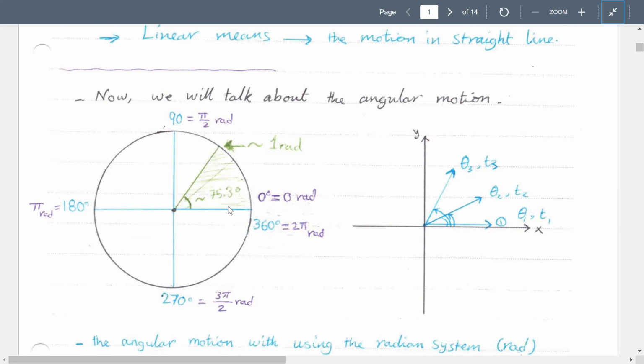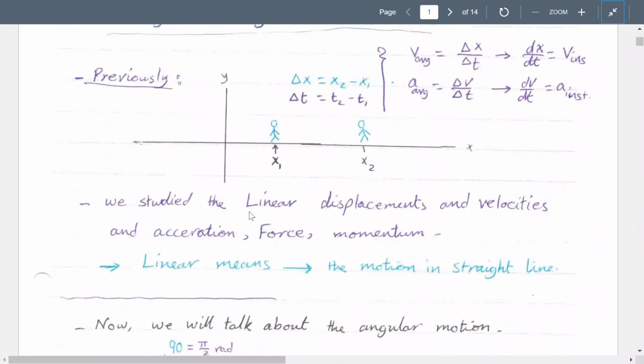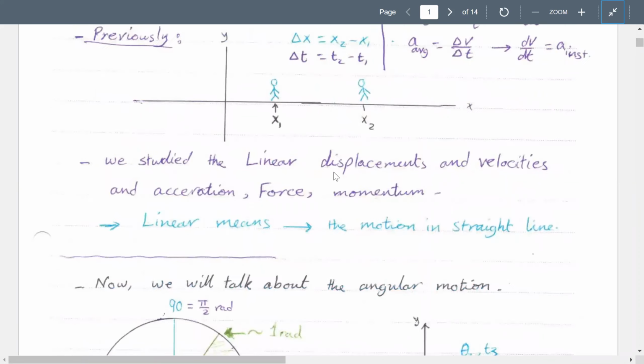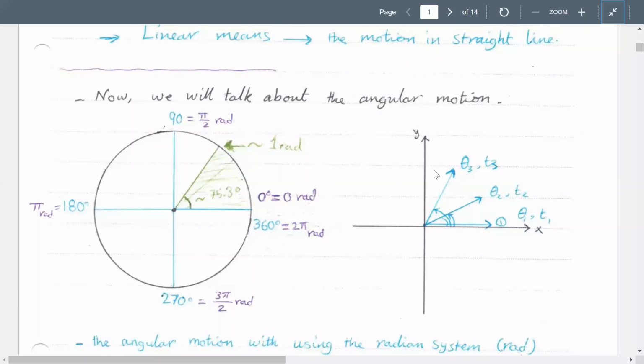For example, before, we dealt with the XY plane and the motion in one dimension, for example, on X. Now we will deal with the XY plane, that's right, but we will deal with angles. The motion on the circumference of that circle.